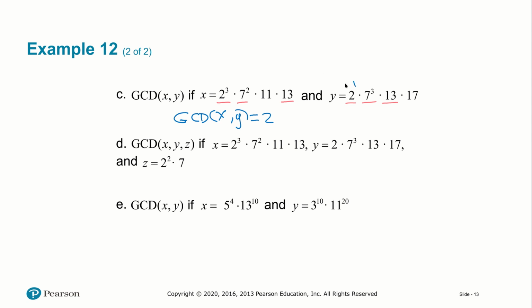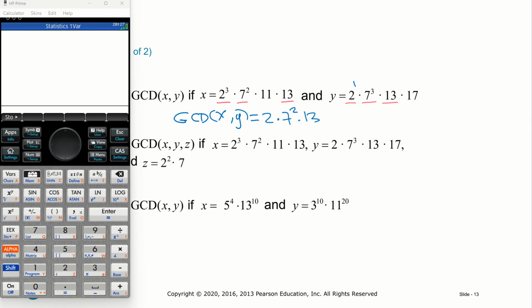Between 7 squared and 7 cubed, we take the 7 squared, and remember, we're going to multiply all these, right? So times 7 squared, and then for 13, they're both of the same power, 1, so we just pick one of them. It makes no difference. Just make sure that you don't take both, you just need it once. All right, and that's it. So we're just going to multiply that out to see what the GCD is.